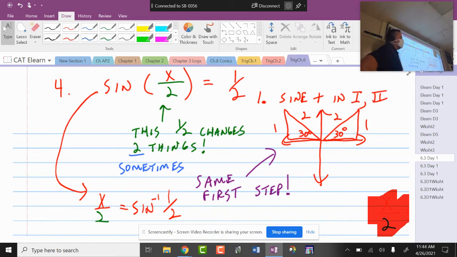What do I have to do to both sides? Multiply by what? Sometimes this throws the second answer out and throws it past 360. So this doesn't add answers. You may get the same amount, or you may lose an answer because it goes outside of 360 according to the directions. All right, so that's what's weird about this one.